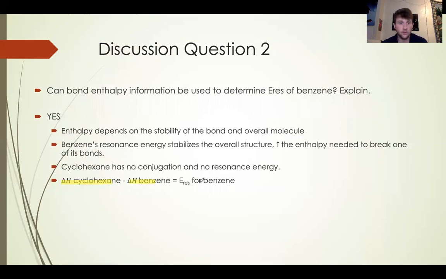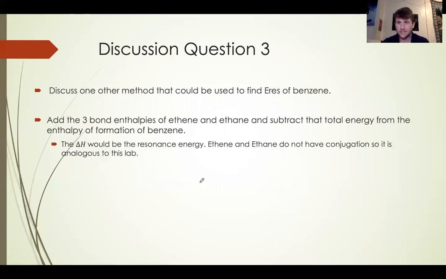That's just going to give you the ERES for benzene. Now, a different method that can be used, you could add 3 bond enthalpies of ethene and the 3 bond enthalpies of ethane, subtract that total energy from the enthalpy of formation of benzene, because these have the same total bonds as benzene. This should give you a resonance energy for benzene, because you're subtracting just the normal bonds from that stabilization of the benzene ring.